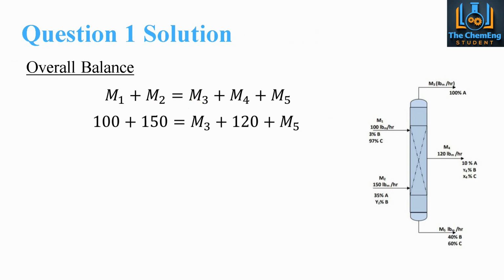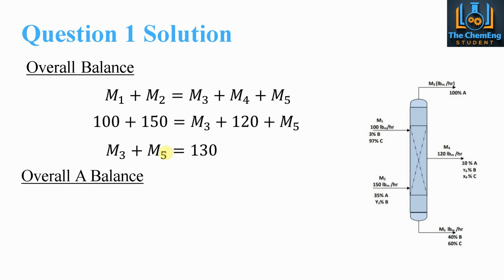Now we can substitute in the known values, because we know that M1 is 100, we know M2 is 150, we don't know M3, we know M4, which is 120, but we don't know M5. So we can simplify this and get a nice simple expression: M3 plus M5 must equal 130.